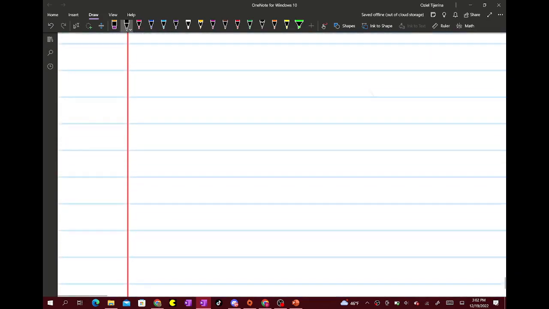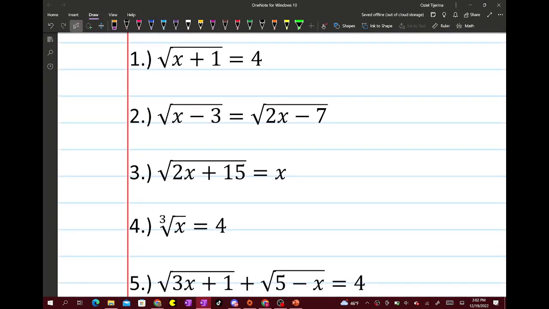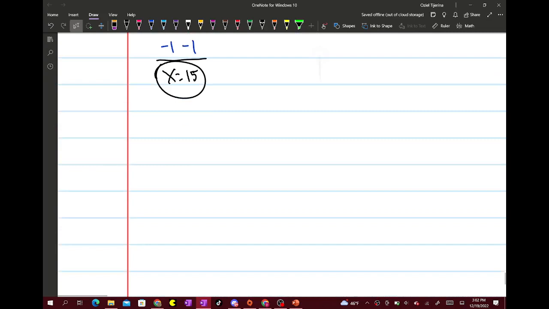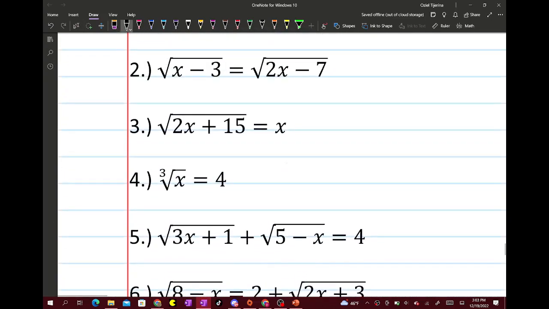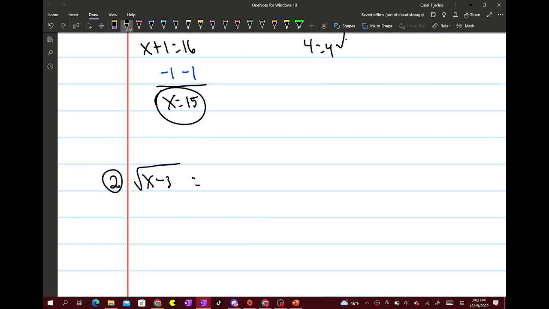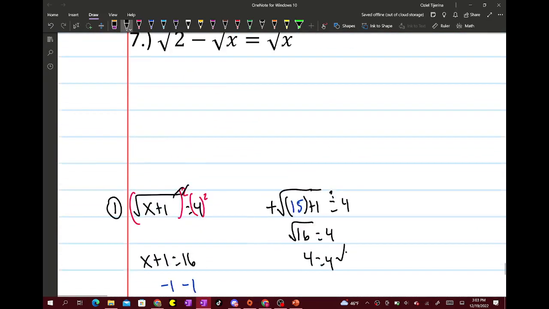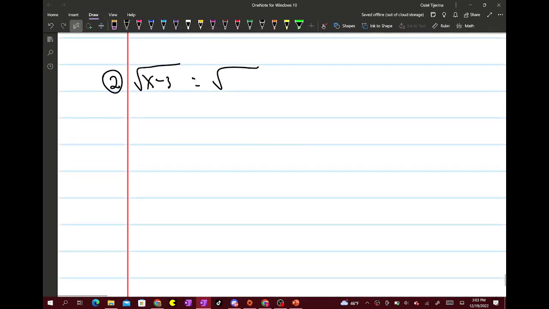Now, the next one that we're going to do is number 2. This is another one that's pretty simple. We have the square root of x minus 3 is equal to the square root of 2x minus 7, my bad.